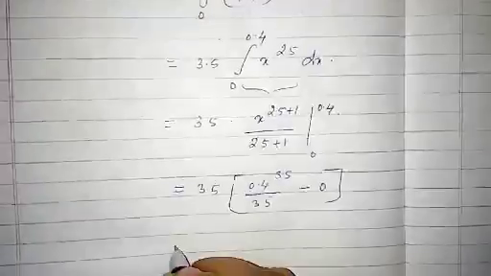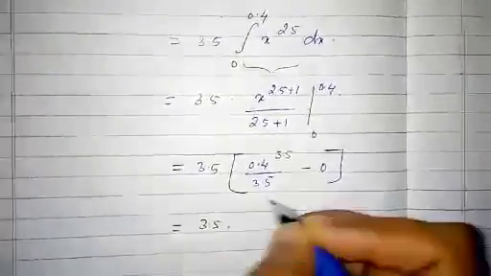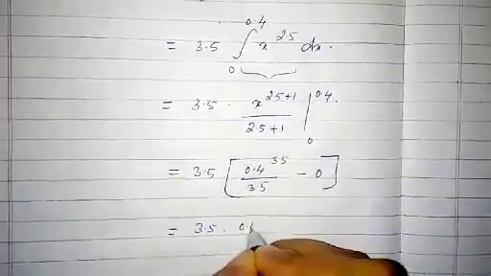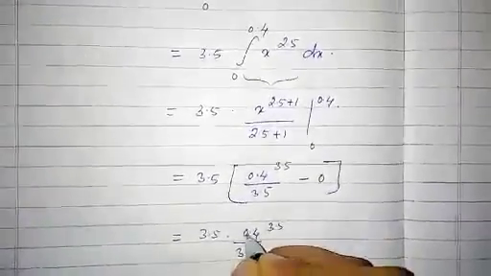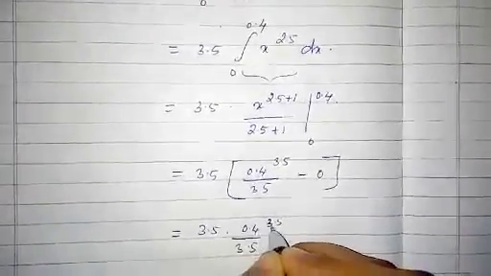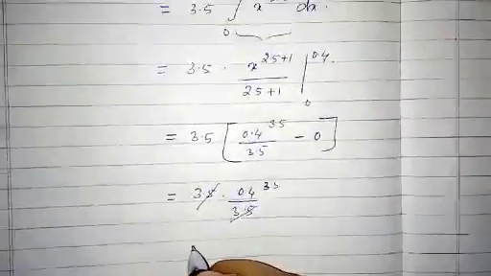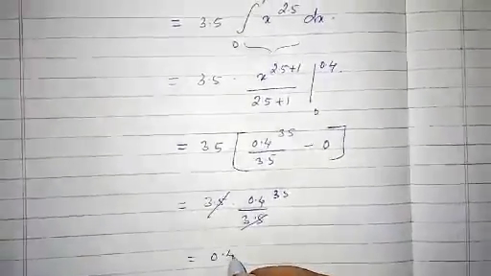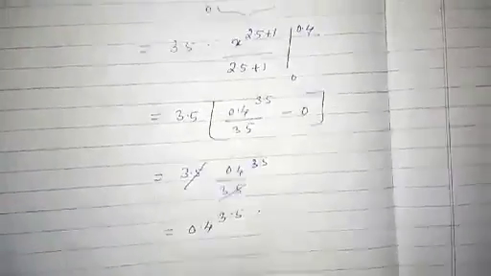So it is equal to 3.5 into 0.4 power 3.5 divided by 3.5. Then these get cancelled, which is equal to 0.4 power 3.5.